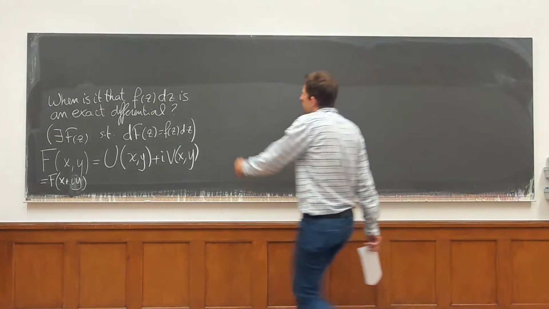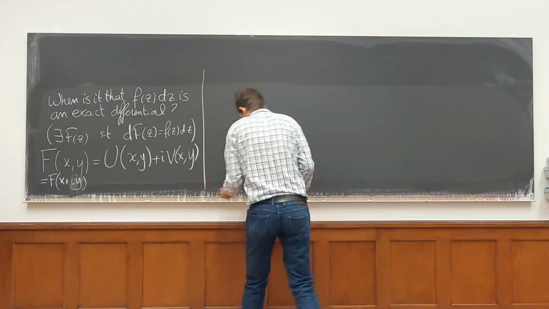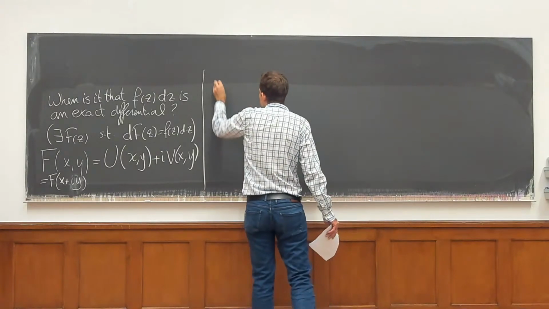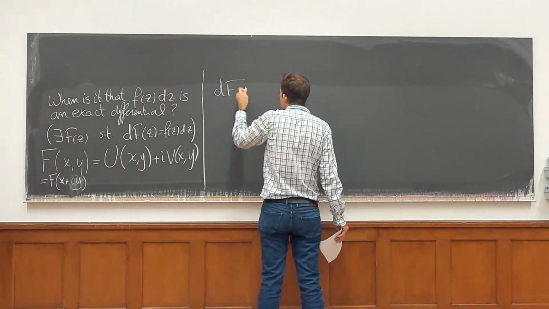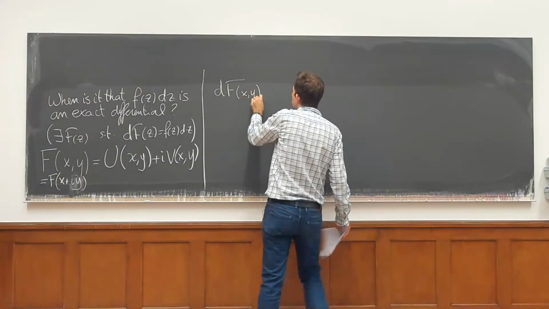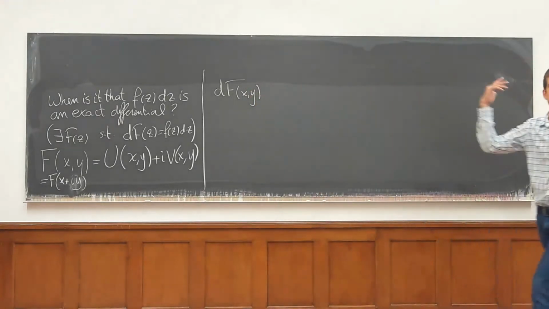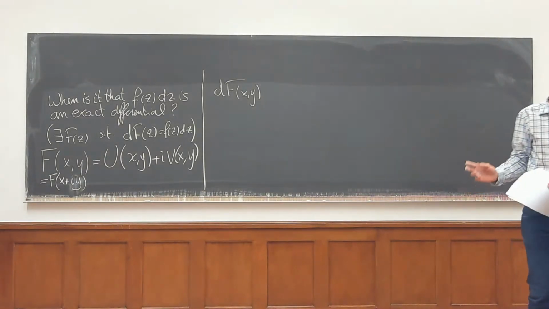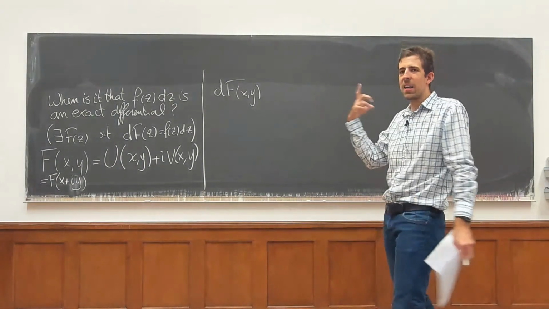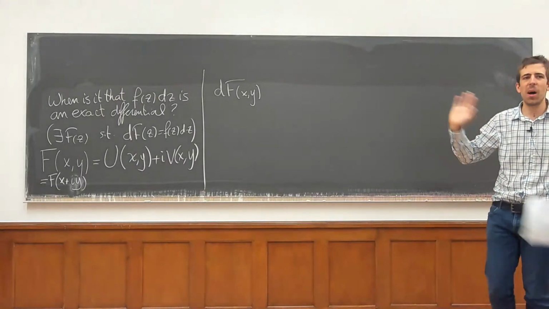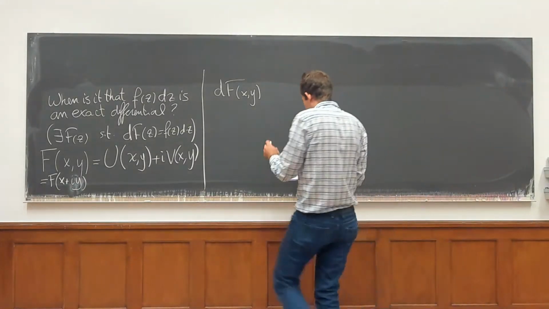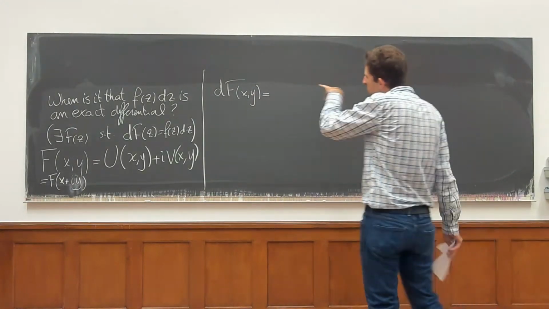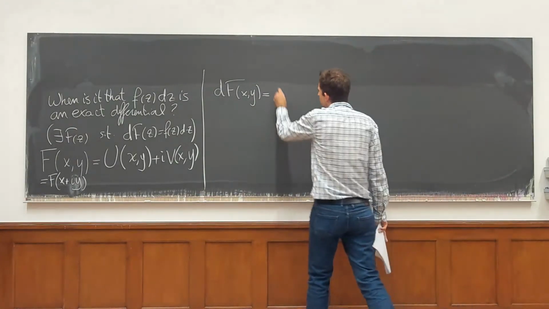Okay, so now, what is dF? For now I'll keep the x and y, but it's actually quite useful to take away the x and y because then you don't even have to worry if you're identifying x, y as R2 or x plus iy, because everything works out the same way. So what is this? This is just the derivative.